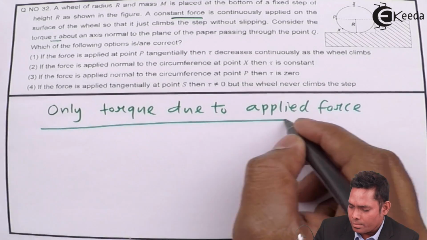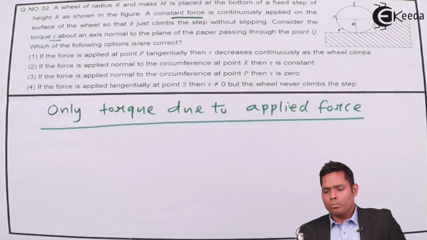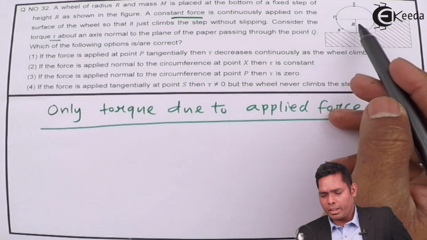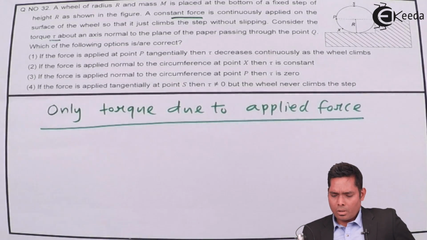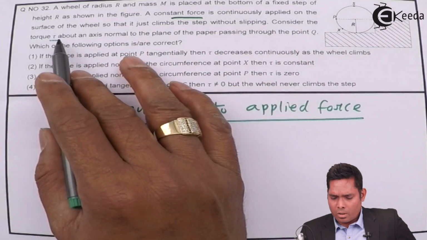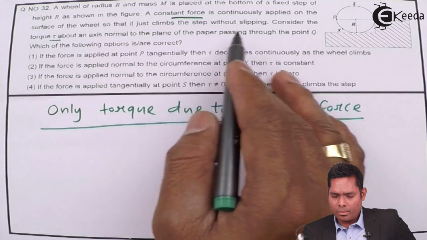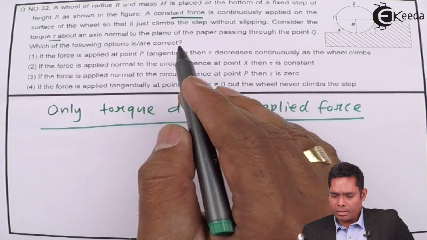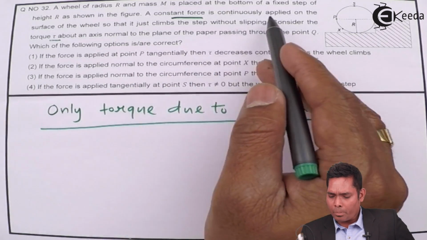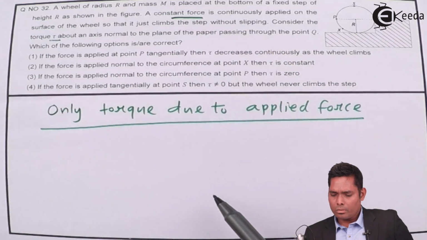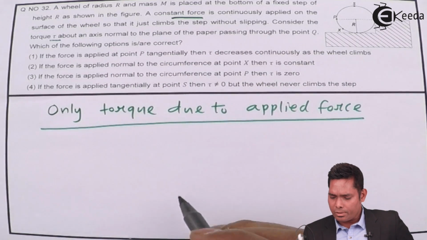This is our assumption, because you could also include the torque due to the weight. So we'll consider the torque only due to the applied force as the wheel climbs up.